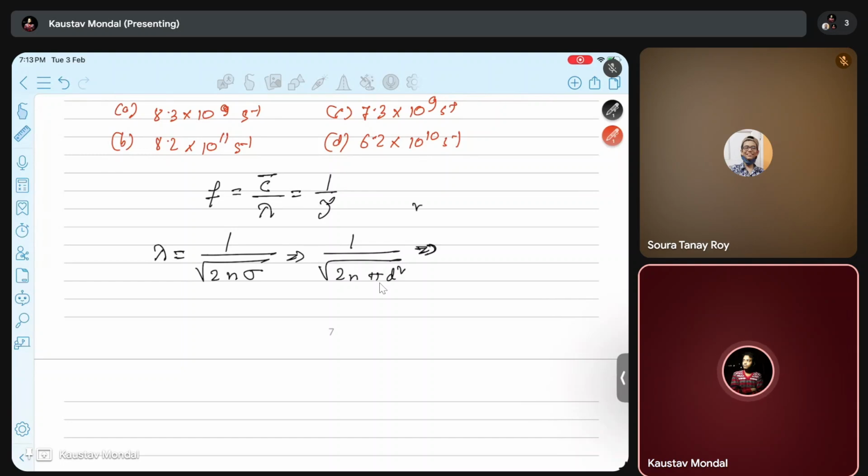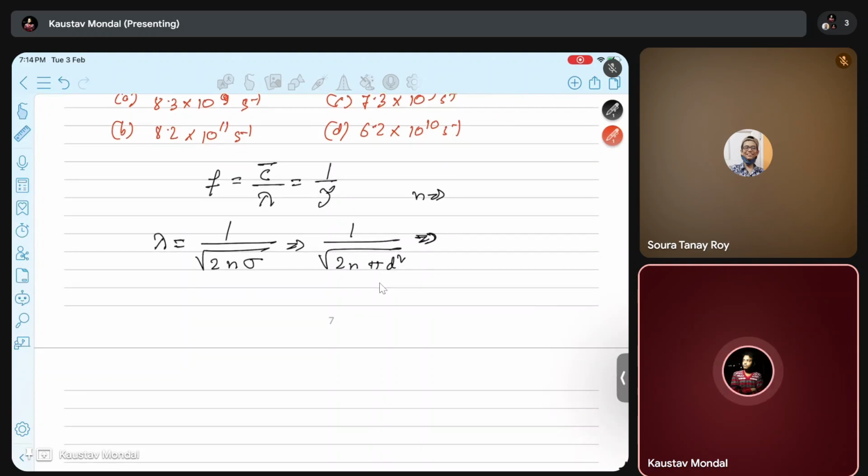Now here n is the density, right? So the density of the gas is mentioned. That is 3 into 10 to the power 25. The gas number density and area you can easily calculate.